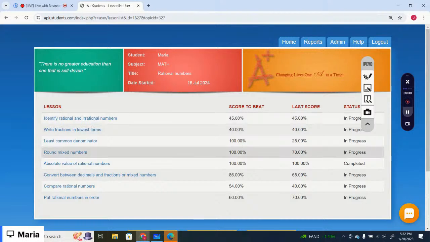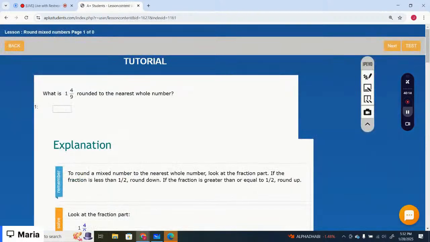The next lesson is round mixed numbers. Write 1 whole 4 by 9 rounded to the nearest whole number.